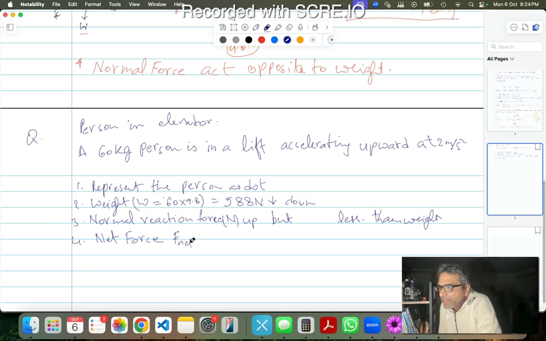F net equals, we know net force is always ma, right? Which is m, we have 60. Now we have 120. Oh, sorry. A is 2, right? So I'm just writing it down here again.